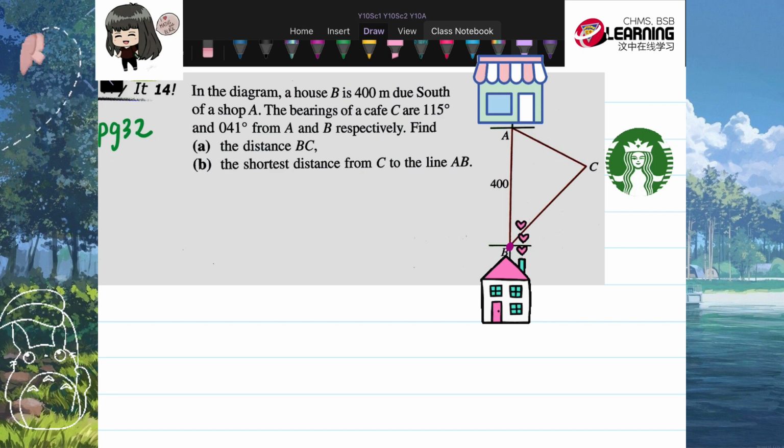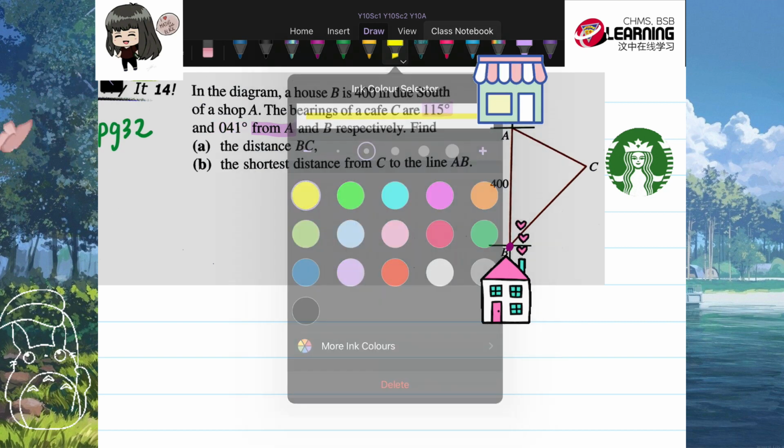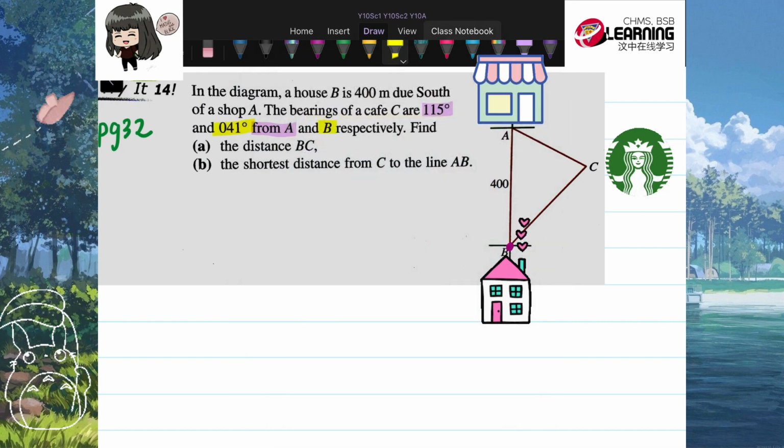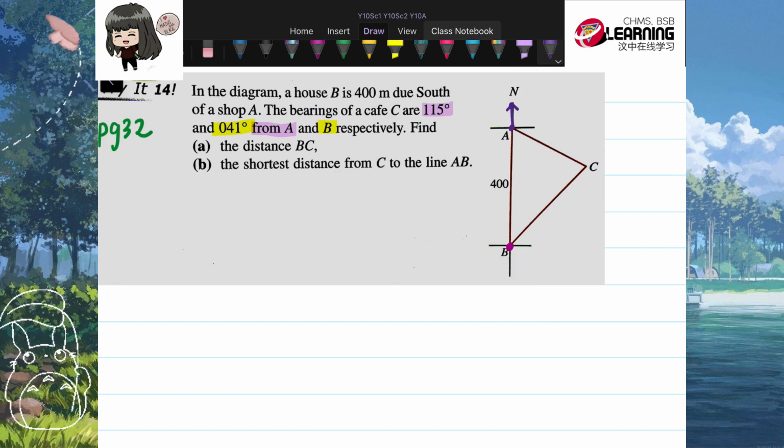A bearing of a cafe C is 115 from A, and 041 from B. So the purple highlight that I show you, from A, here is the A. You need to draw a north, and because we are talking about cafe C, your connecting line is A to C. This is your C, and which is 115, so here is 115.